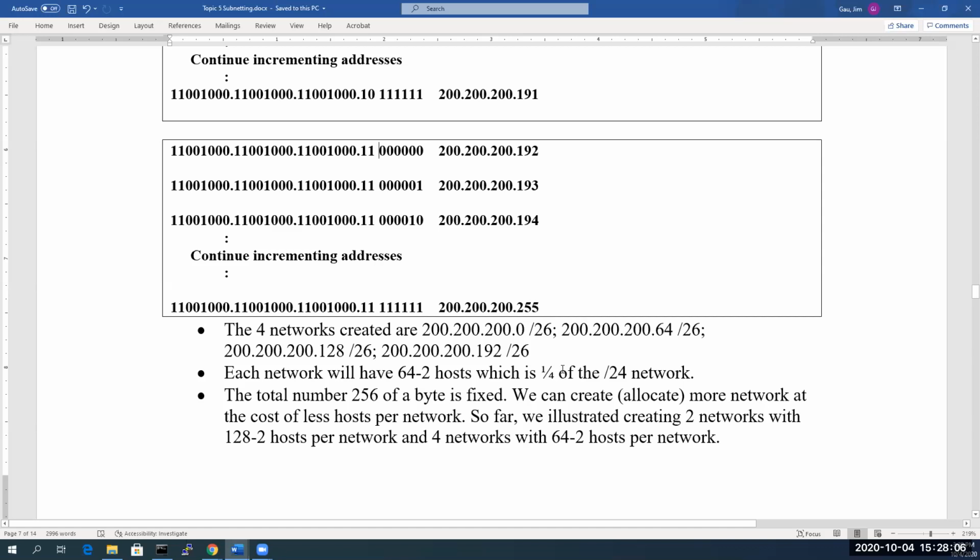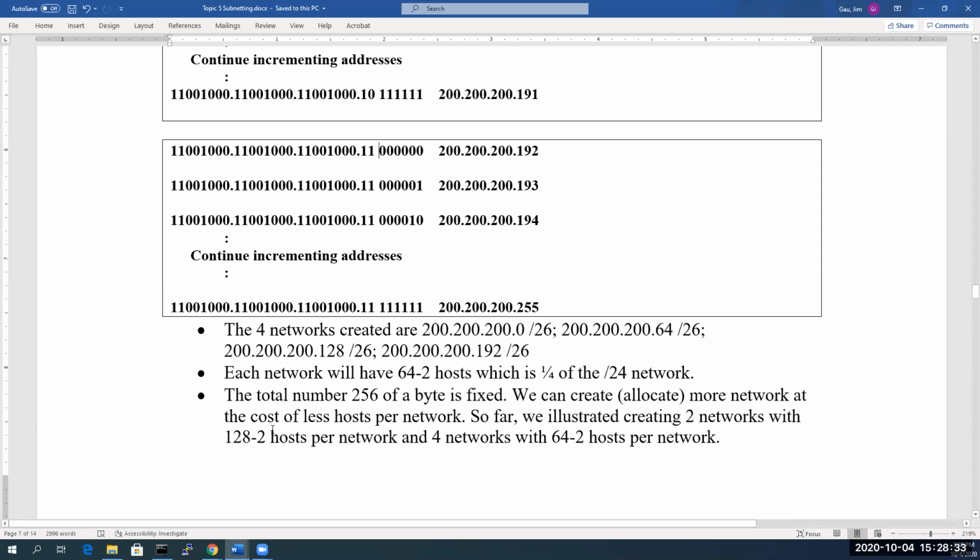And each network, the total is 256, no matter how you do it. You divide it, you chop one street with 256 down to half and half. It's 2 networks you created, and then you have 128 each. And if you chop it to half again, then you created 4 networks, and each network will have 1/4, right? 64 minus 2 hosts available per network.